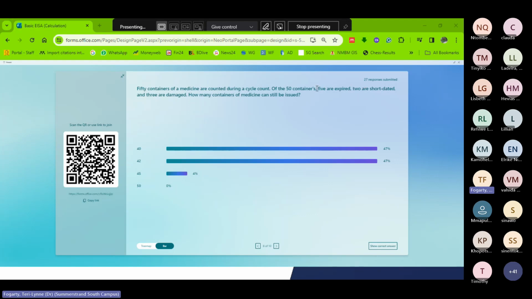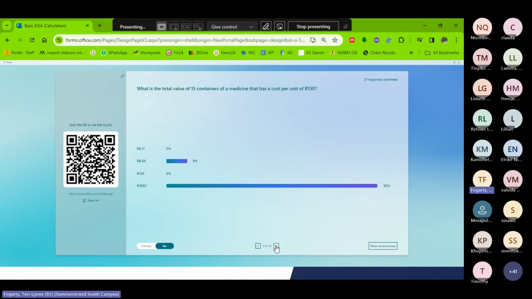So the only ones I can't issue are the expired meds and the damaged meds. So the 5 plus 3. So the 8 containers I cannot issue, which means that I can still issue 42. So the correct answer is 42. Okay, another question.